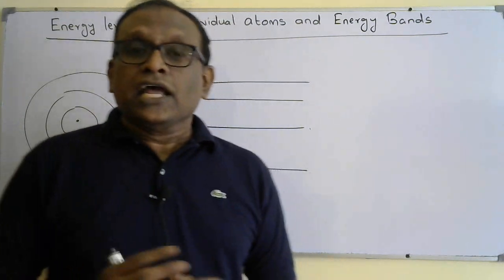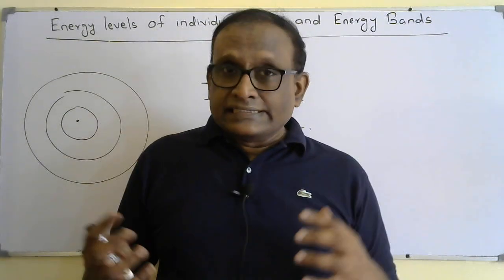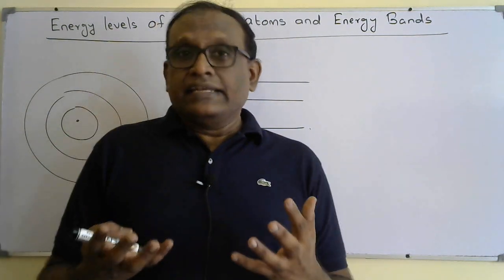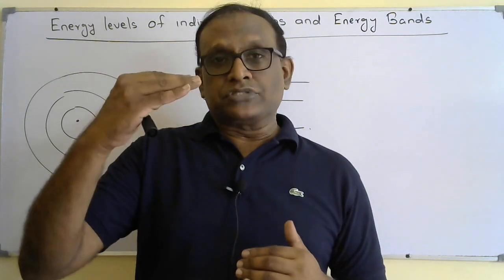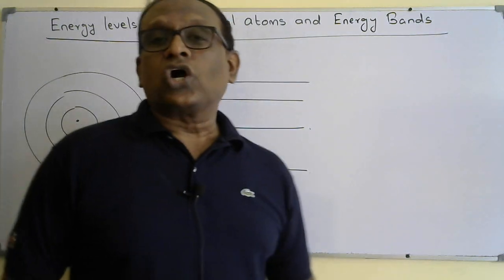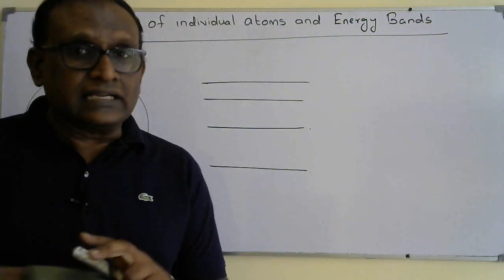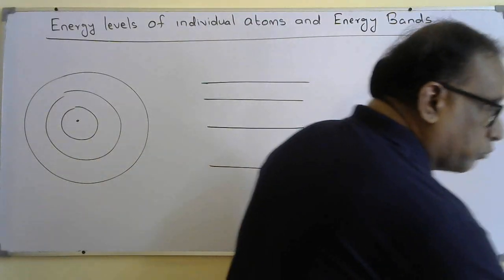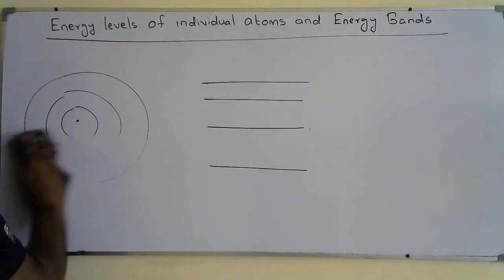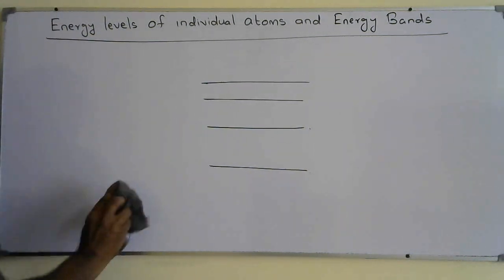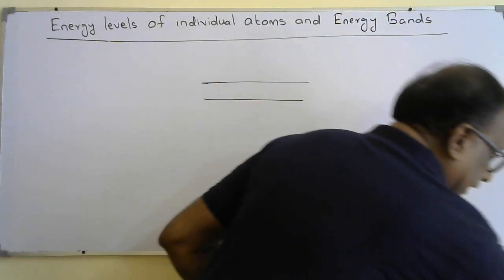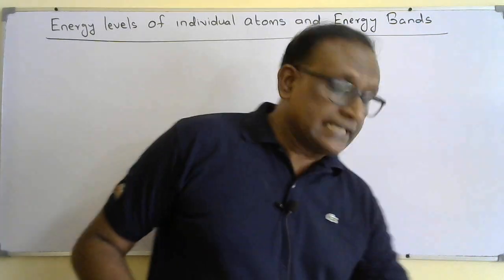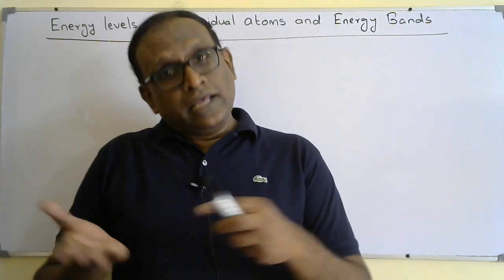only in solids. Due to the overlapping of energy levels, they merge together and we define two different types of energy bands, called the valence band and the conduction band. All solids, all three types of solids, conductors, semiconductors and insulators, have these two bands.